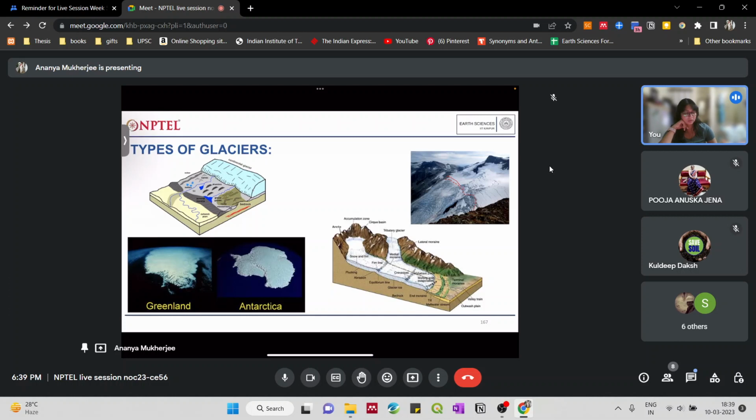This is your equilibrium line. This part is your accumulation zone and this part is your ablation zone. Over here in the diagram also, this is the accumulation zone and this part is your ablation zone. This is accumulation, this is ablation. And there are different kinds of landforms which are associated with these.